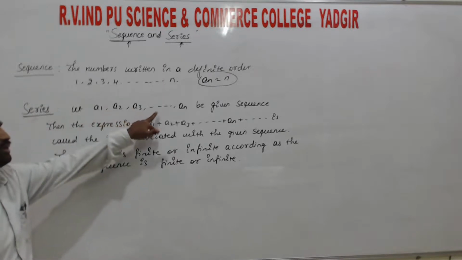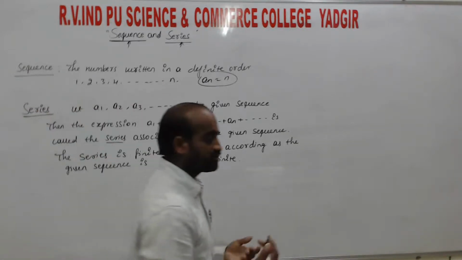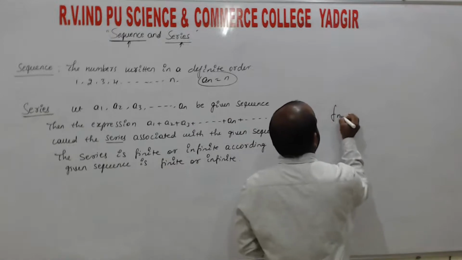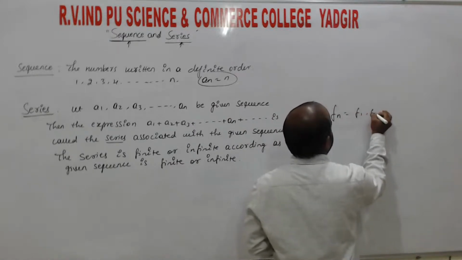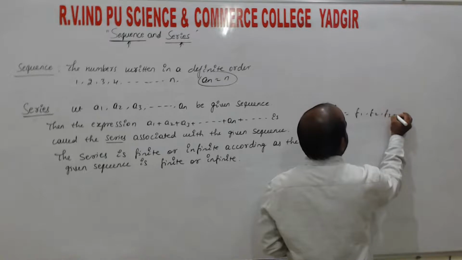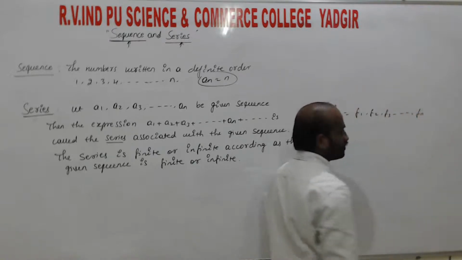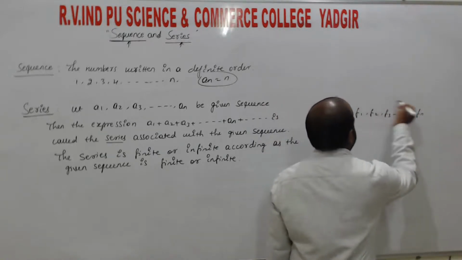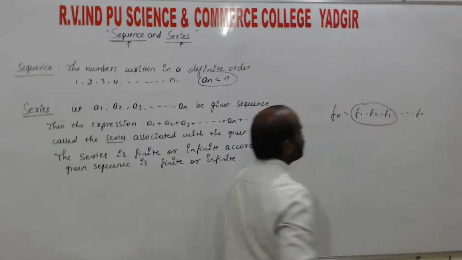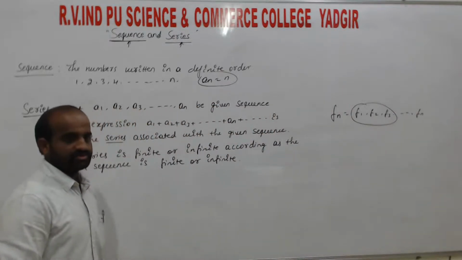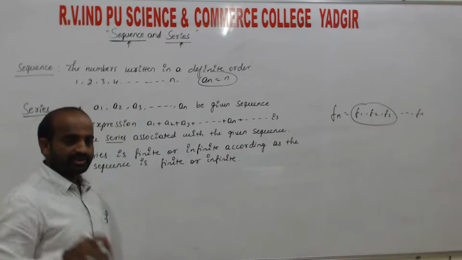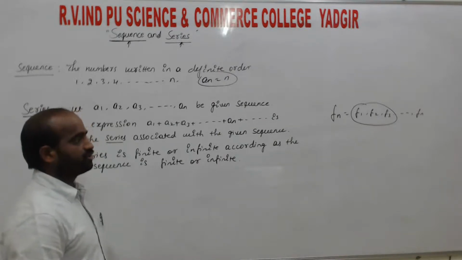A1, A2, A3, or F1, F2. Actually, the nth term Fn: F1, F2, F3 and so on, Fn are the given sequence. X1, X2, X3 are the terms, elements.